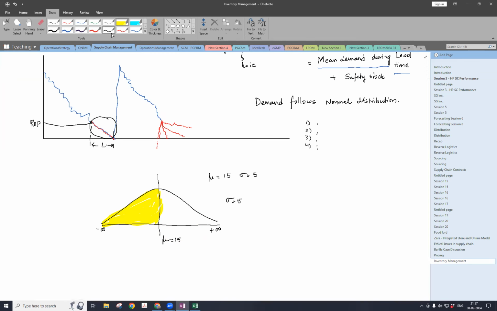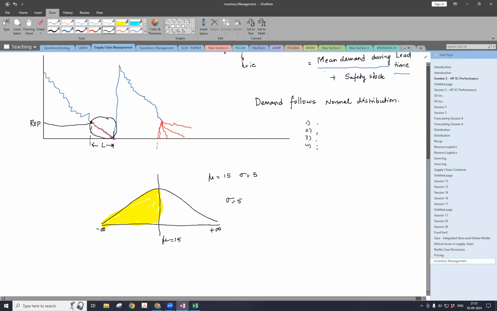Now, if I keep my reorder point at the mean demand during lead time, which is 15, that means I have hit my inventory at 15. Before I get my replenishment from my supplier, during this lead time, I have 15 units of inventory left.